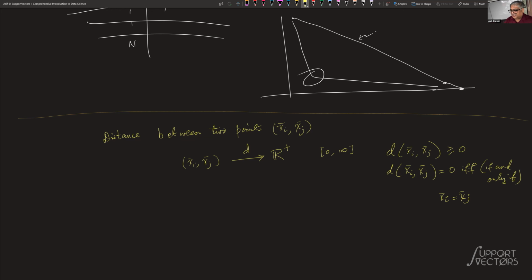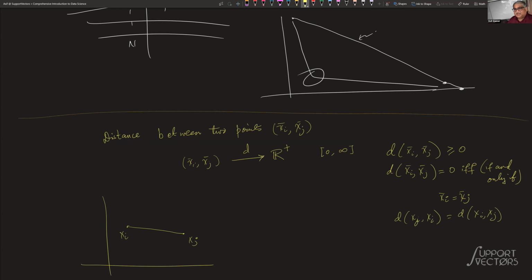So if you geometrically think of a space, and this is Xi, and this is Xj, the distance is this. Now comes an interesting third condition that you need to define distance. There are many such functions that you can do. First, also, this is true: distance Xj, Xi is equal to distance Xi, Xj.